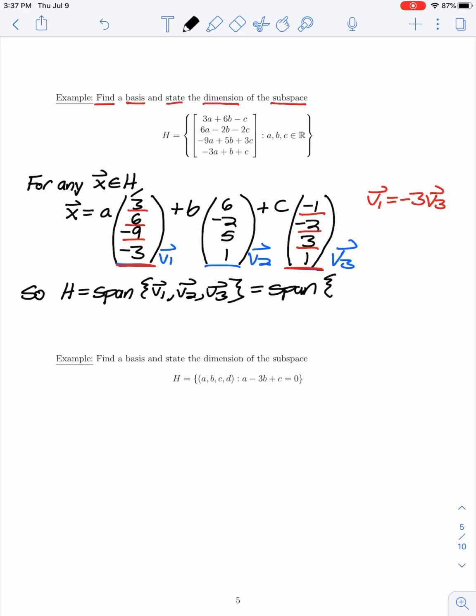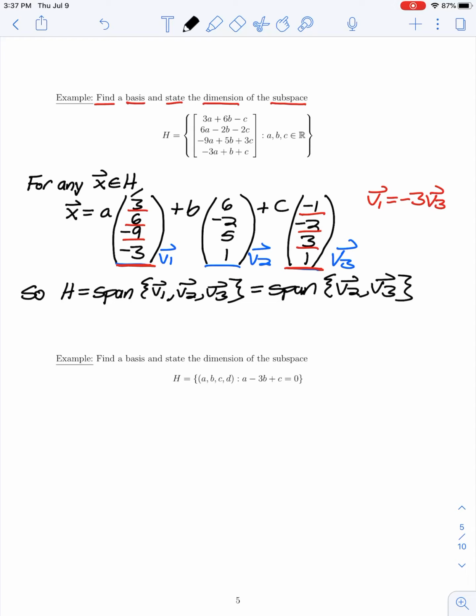So we have the span of V2 and V3 would be the same space, since any vector V1, or a scalar multiple of V1, can be written in terms of V3.